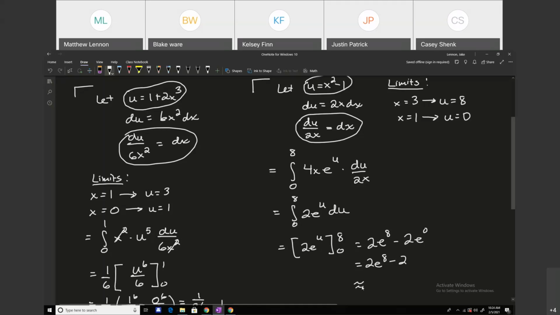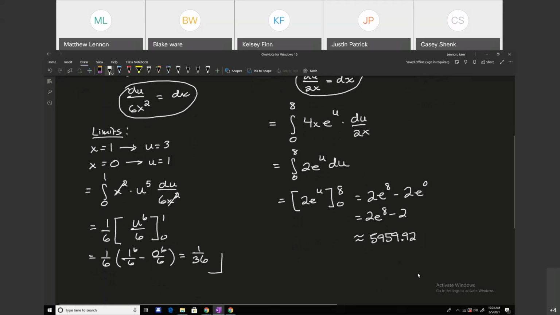So how do you know when you're going to be changing the limits? What factor causes that? Anytime you're doing a u substitution and it's a definite integral, you're going to have to change the limits. Because we're changing variables, we're going to have to do that. If we had a problem where it doesn't have limits, usually what we do is we just do the antiderivative and then switch back, right?